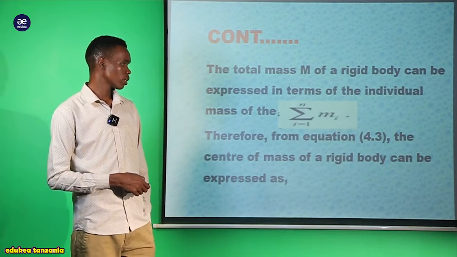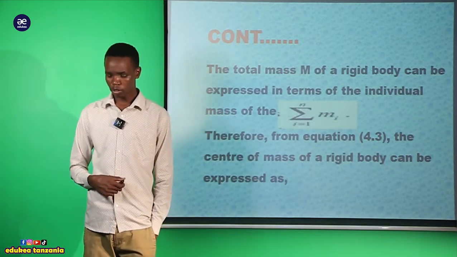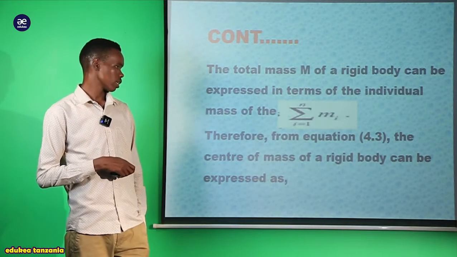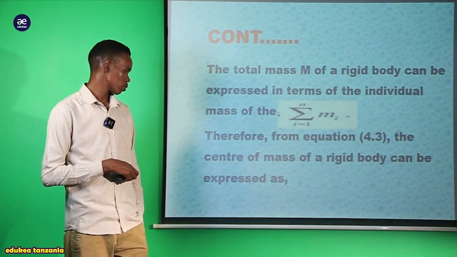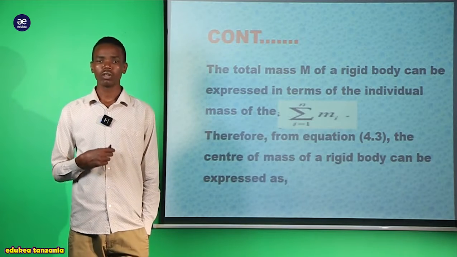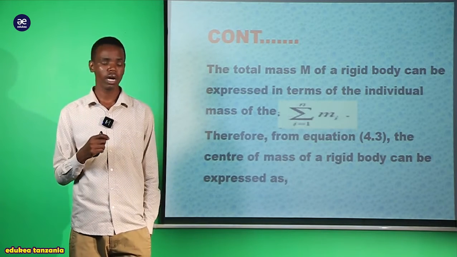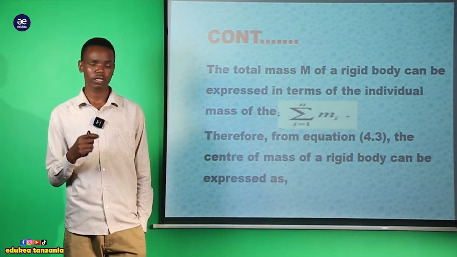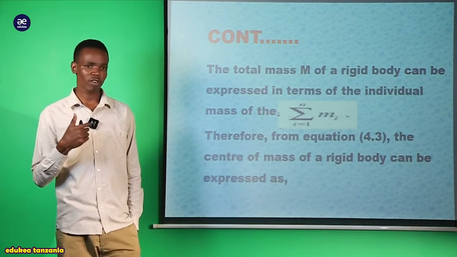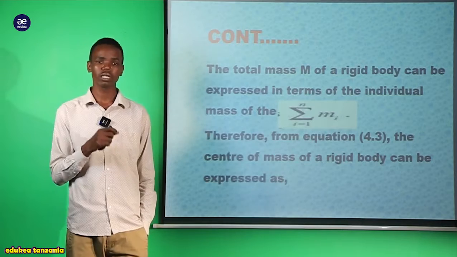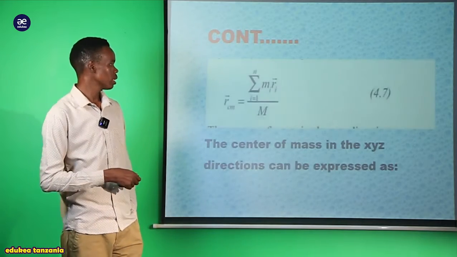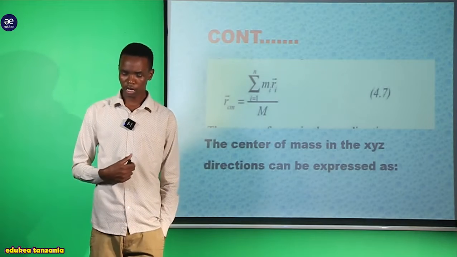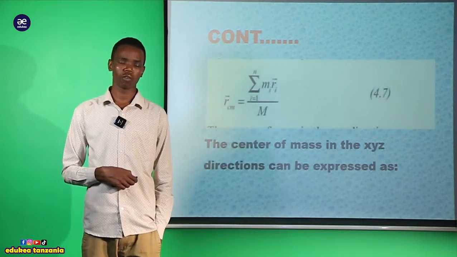So therefore, from equation number 4.3, we should recall the equation that gives us the center of mass of the rigid body. It gives us the overview of the center of mass of a rigid body, and it can be represented in terms of this.